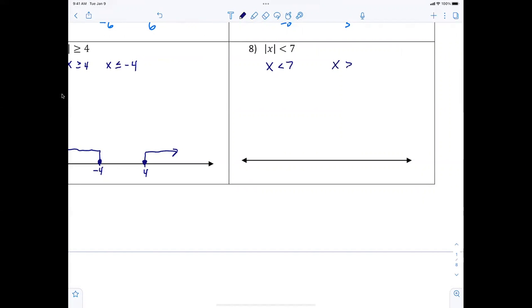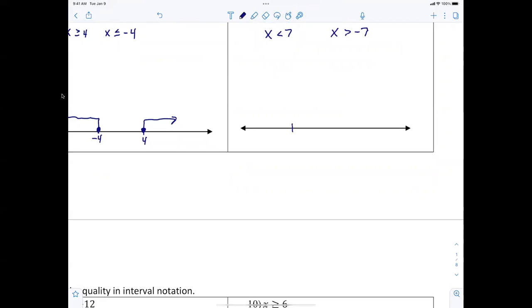X greater than -7. All right, so once again, we're just doing -7, 7, greater than -7, less than 7. So again, it looks like we're just graphing everything in between.